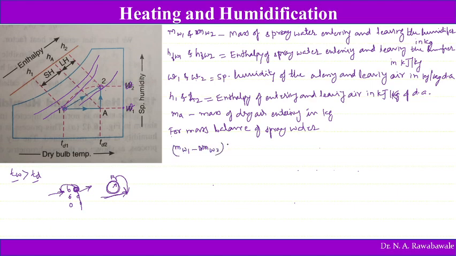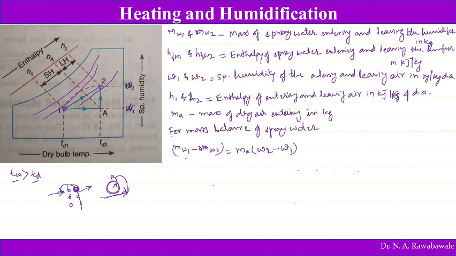This difference is responsible for increasing the humidity, that is, the mass of air which had specific humidity omega 1 increases to omega 2. So omega 2 minus omega 1. The increase in specific humidity is because of evaporation of mass of water.